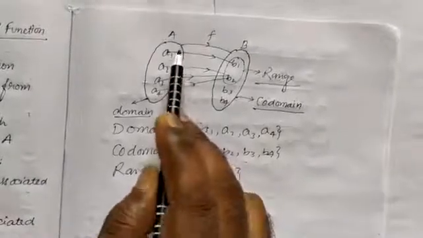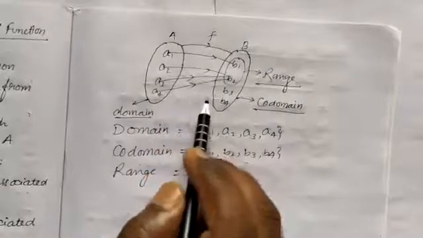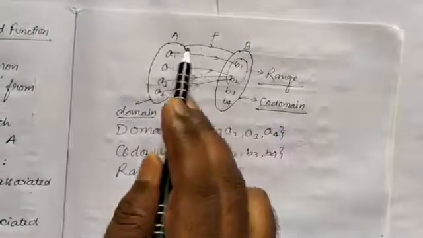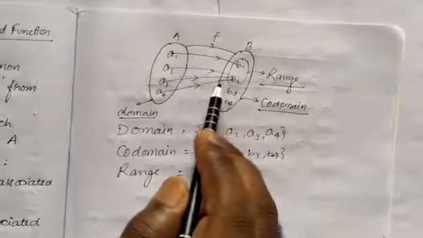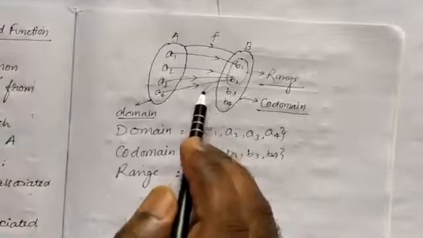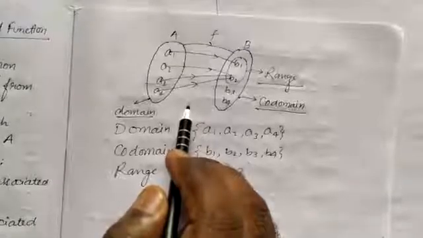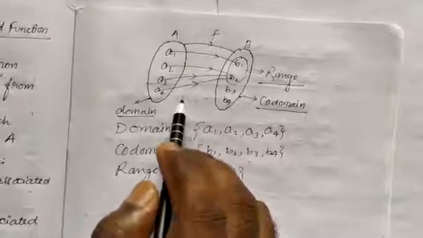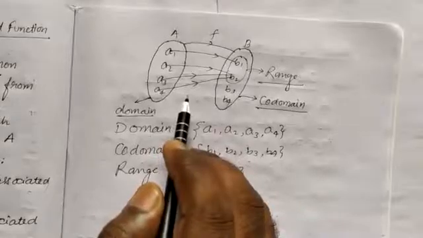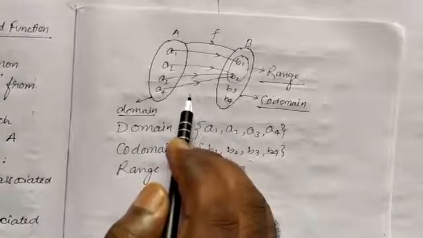Now see, we have to check whether the given correspondence is a function or not. First we have to remember the definition of the function. We have two rules by which we can check whether any correspondence is a function or not.